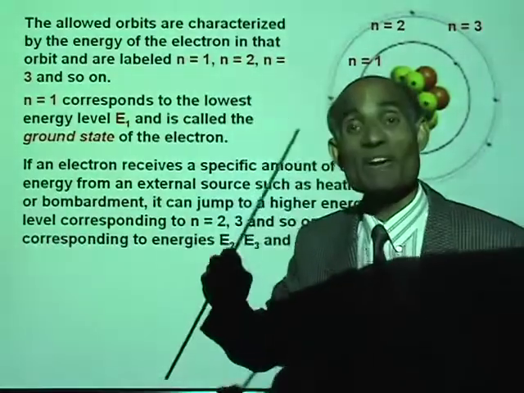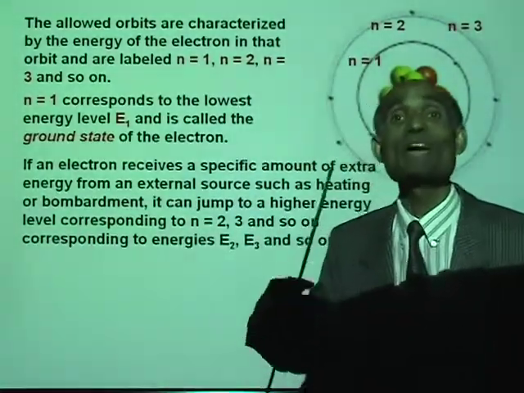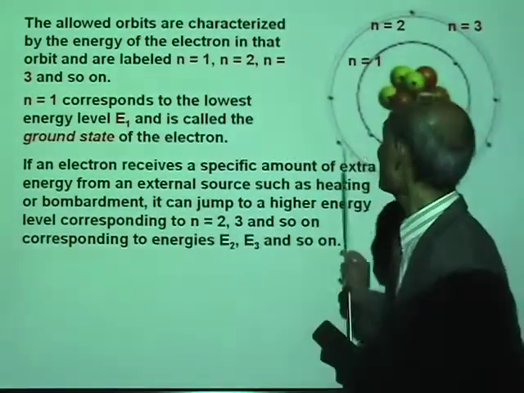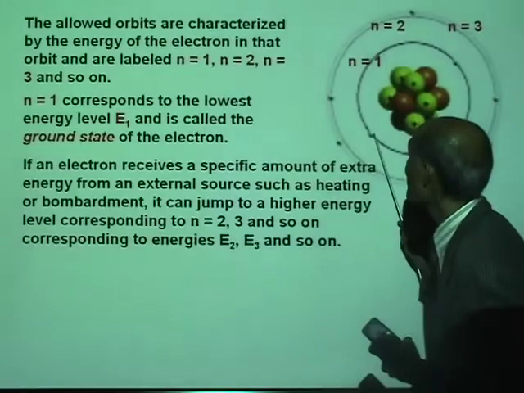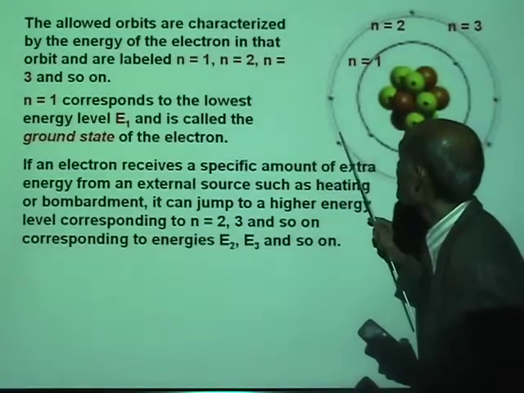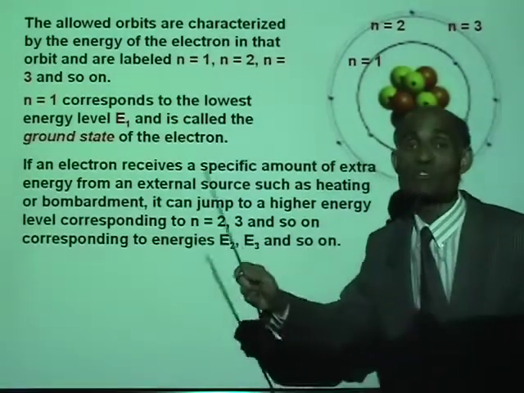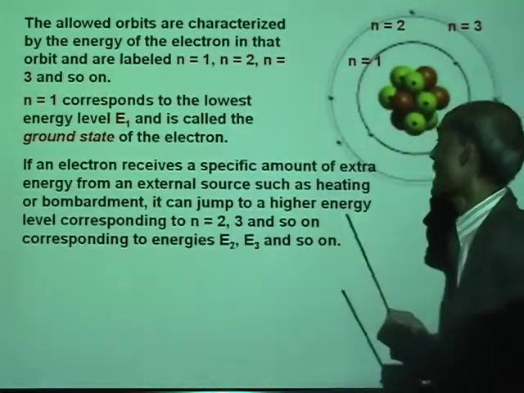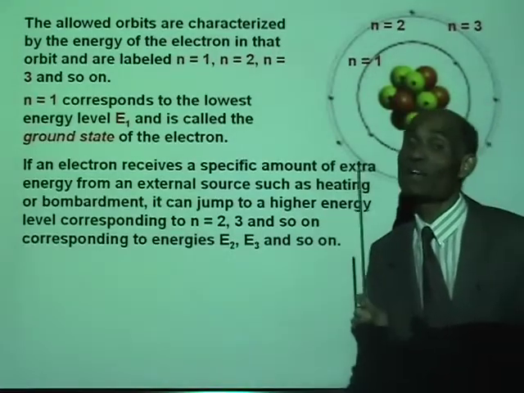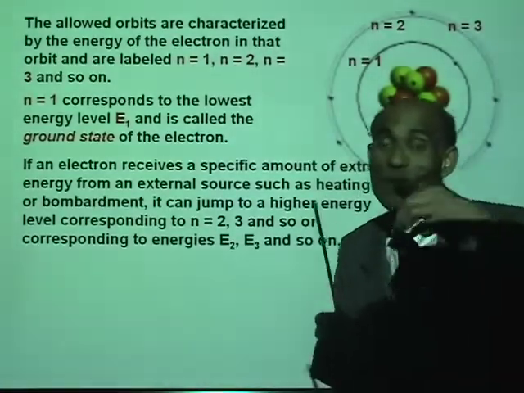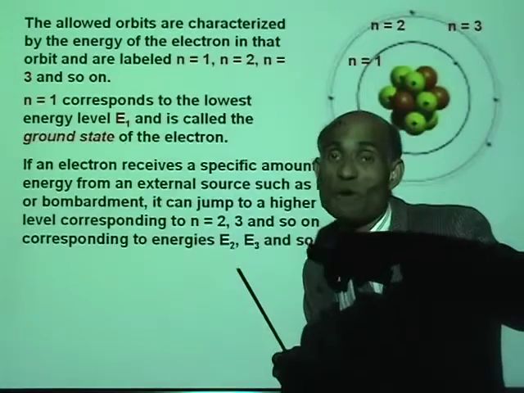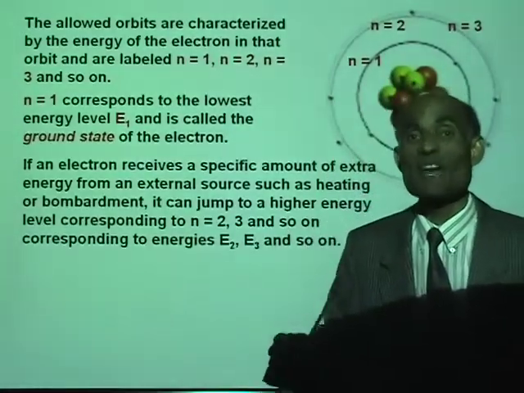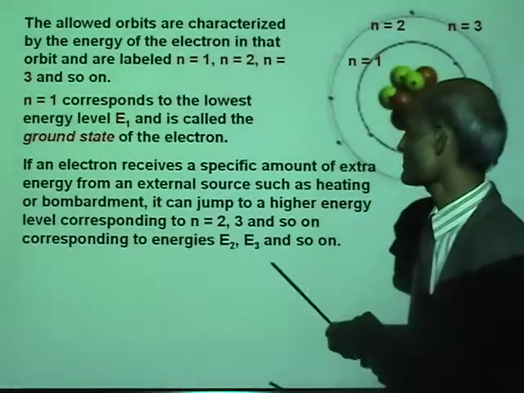Now when you give extra energy by way of heating or using electricity, what happens is an electron in its ground state can jump to the next state, n equal to 2, or n equal to 3, n equal to 4, and so on. And such an atom where the electron has jumped from the inner orbit to one of the outer orbits is called an excited atom.